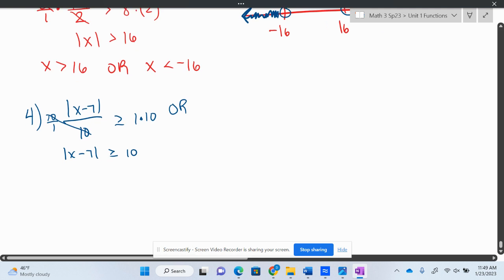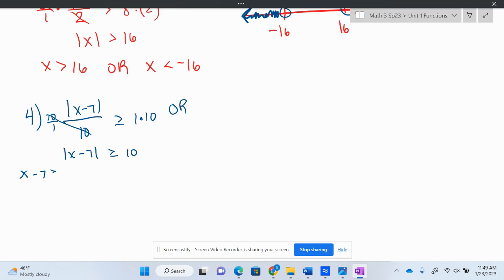Now I have to write 2 inequalities. My first one, I just drop the absolute value signs. x minus 7 is greater than or equal to 10, or x minus 7 is less than or equal to negative 10.